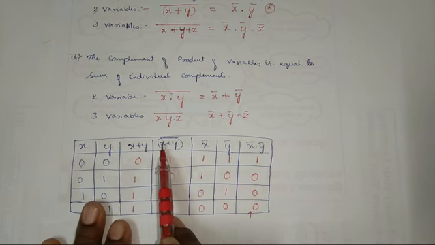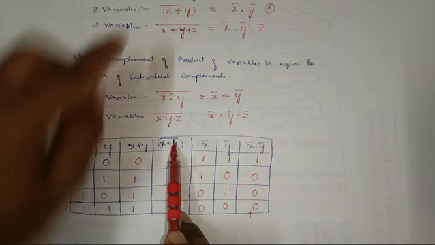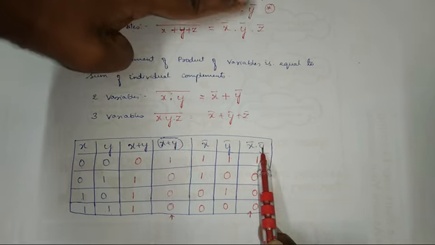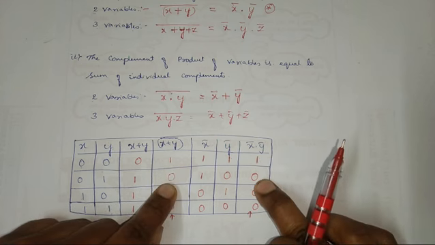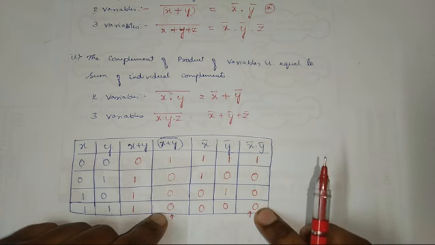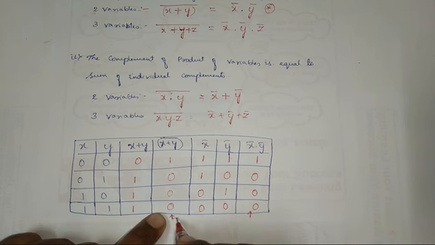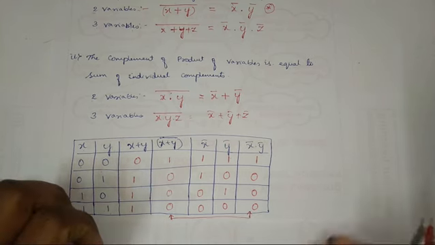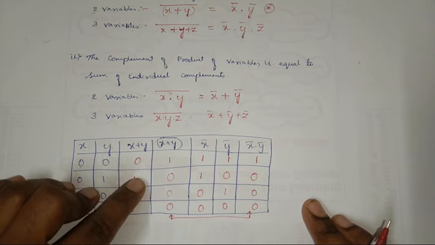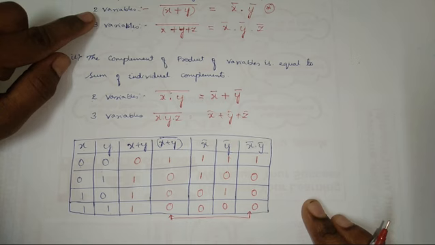Now, just check x plus y whole bar, this one, and this x bar into y bar. The values of both are the same: 1 1, 0 0, 0 0, 0 0. We proved this using De Morgan's law. In your exams, they may ask to prove De Morgan's law for 3 variables or for 2 variables.